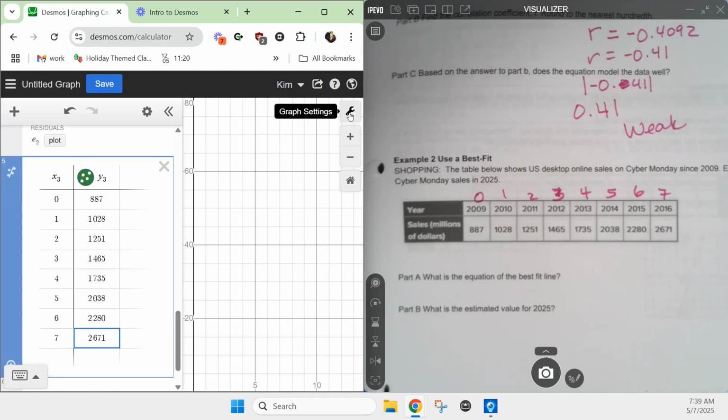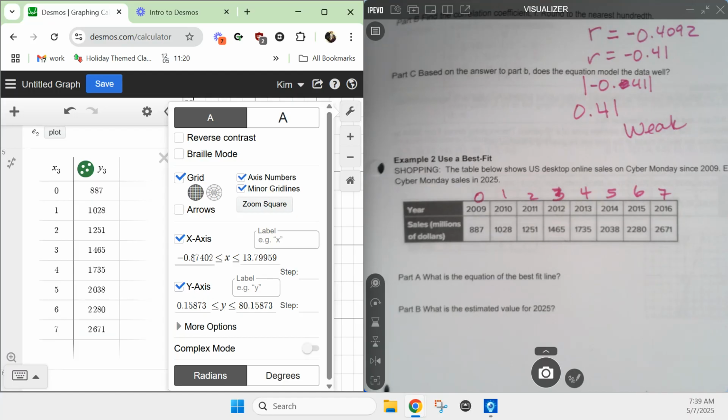So we need the x-axis. I'm going to say we're going to go from, I don't know, come on, why aren't you looking? I don't know what it's doing. -3, and then we're going to go 13 is fine.